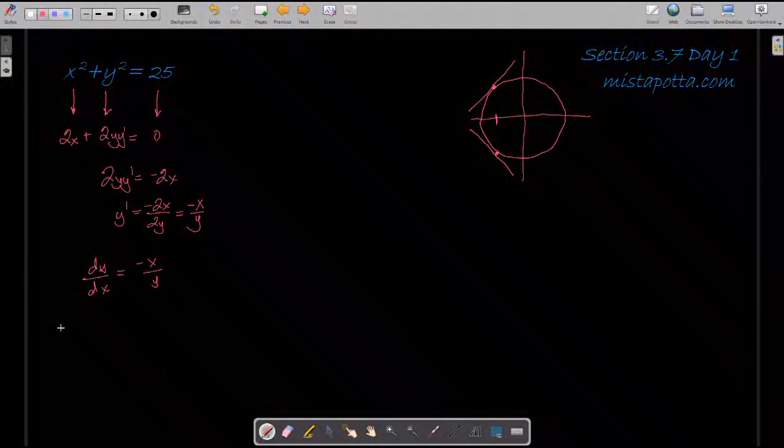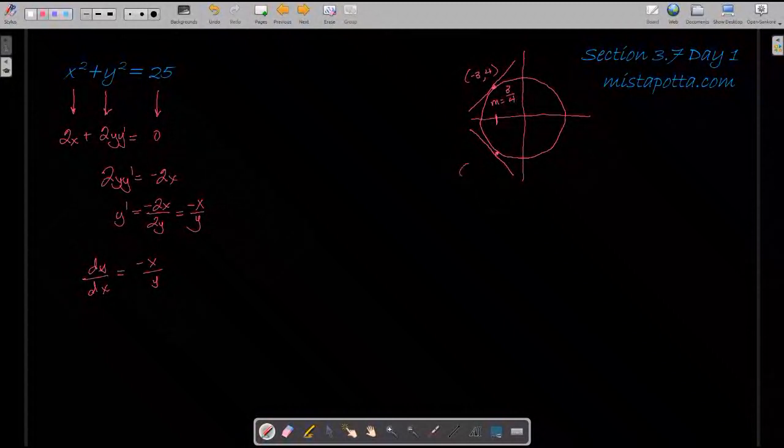So if I take a look at what I've got over here, here I have the point negative 3, 4. And so my slope at this point would be the opposite of x over my y-coordinate.